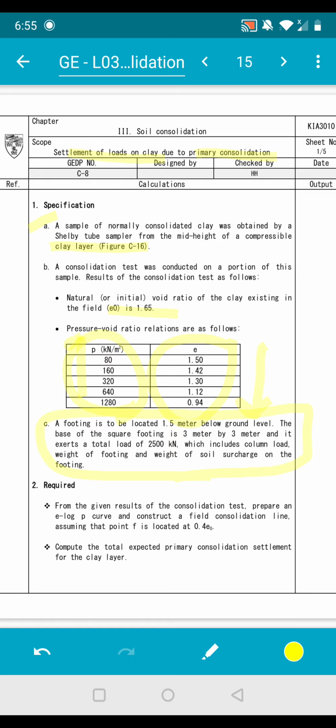And the required, from the given results of the consolidation test, prepare an e-log p curve and construct a field consolidation line assuming that point F is 0.4 initial void ratio. And the second item required is compute the total expected primary consolidation settlement for the clay layer.